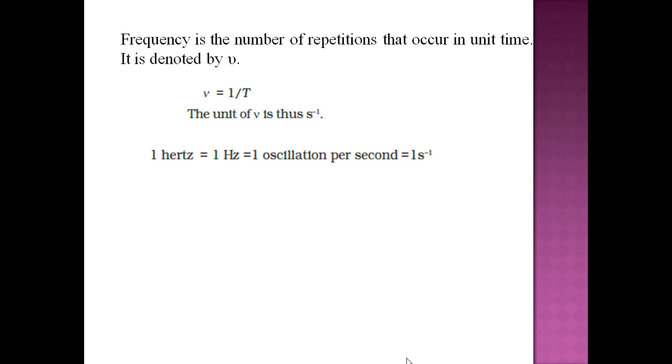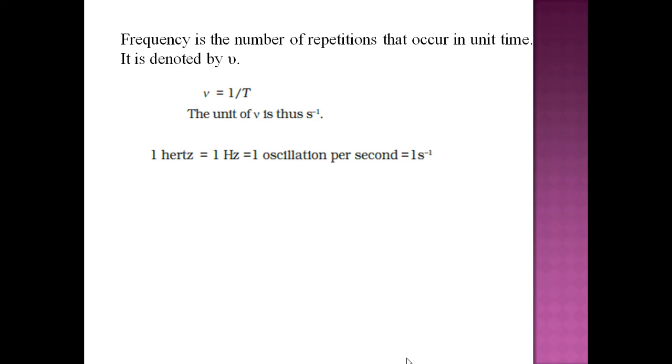Next is frequency. Frequency is the number of repetitions that occur in unit time. It is denoted by nu. Nu is a Greek letter, and nu is given by 1 by time period. The unit of nu is therefore s minus 1.